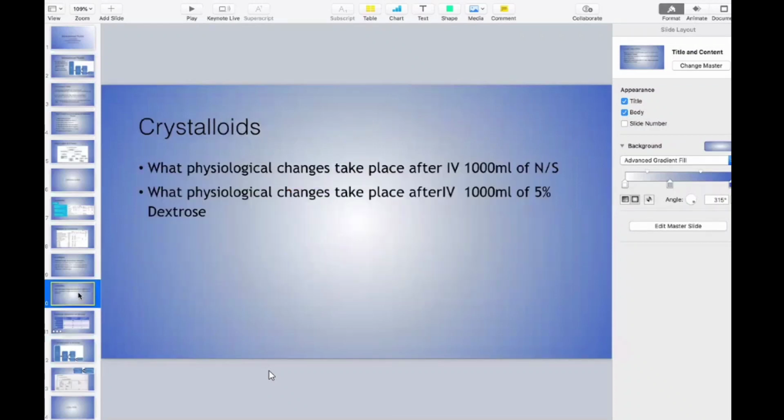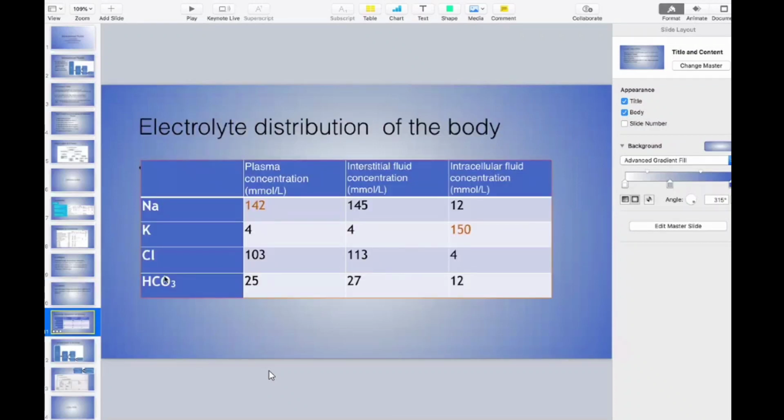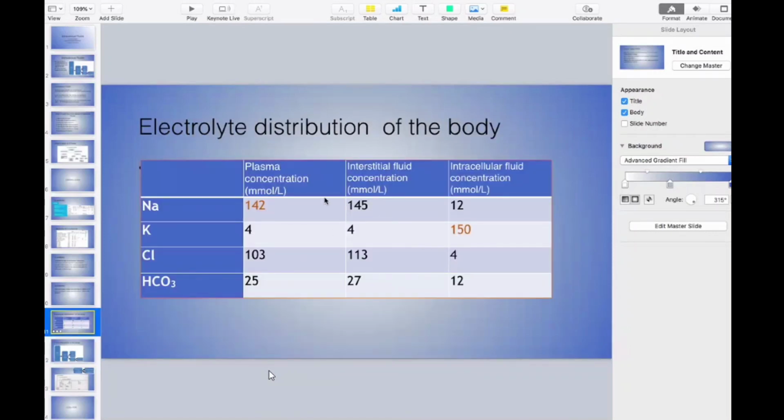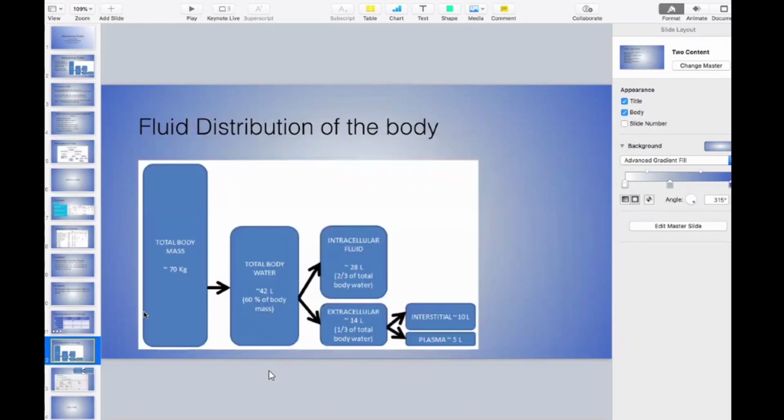If you give 1 liter of normal saline, it has more sodium, so it will distribute according to the sodium composition of the body. Most of the sodium is in the extracellular space, and most of the potassium is in the intracellular space. So if you give 1 liter of normal saline, it should remain in the extracellular space.